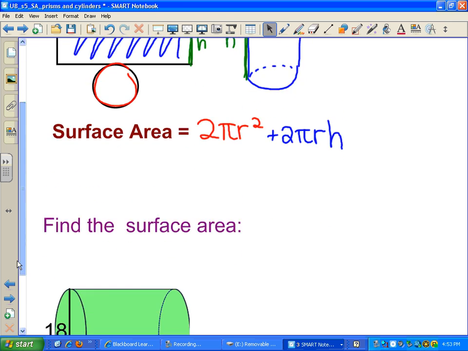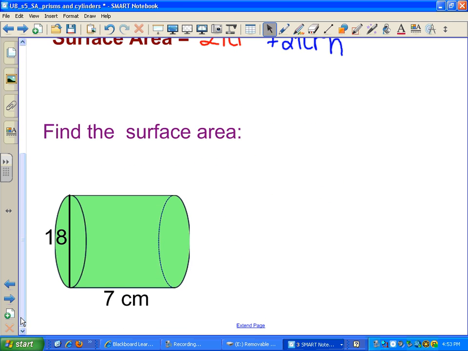So let's go ahead and try to find the surface area of this cylinder. Now just because it's laying on its side horizontally, nothing changes. The height is the distance between the two bases. Well, the radius of this base is not 18. 18 is the diameter, and so half of that would be 9.